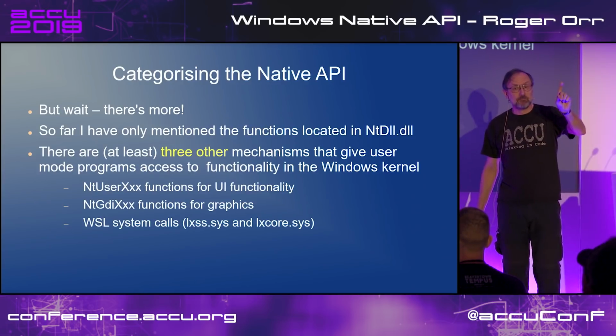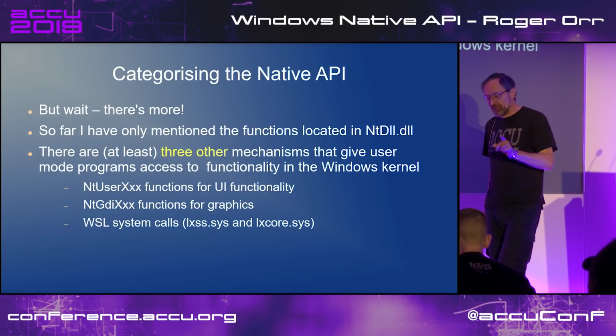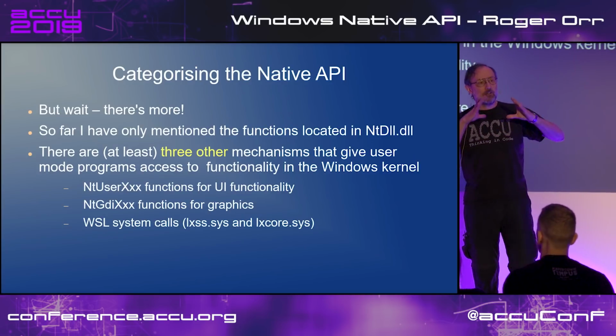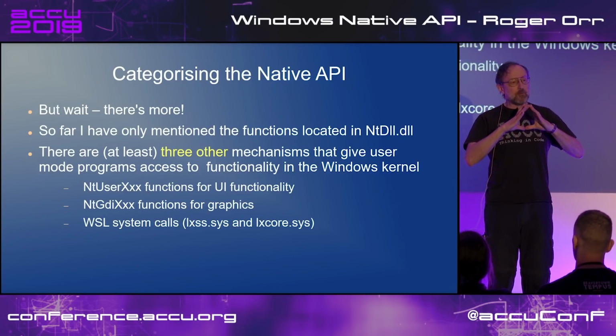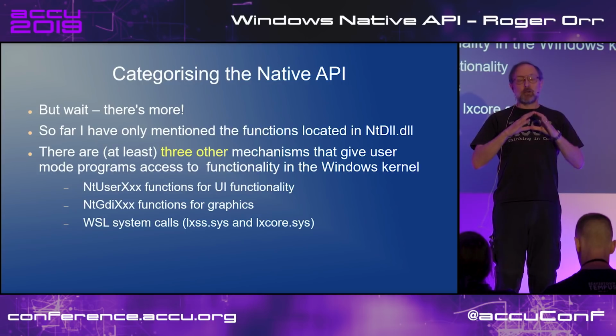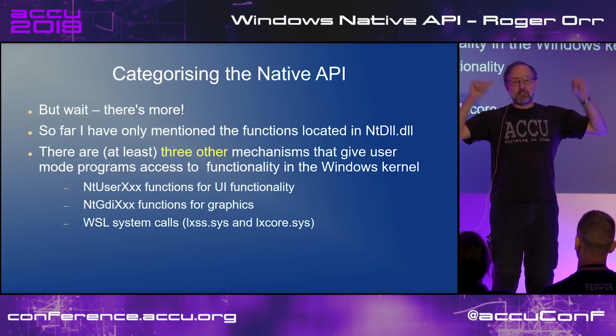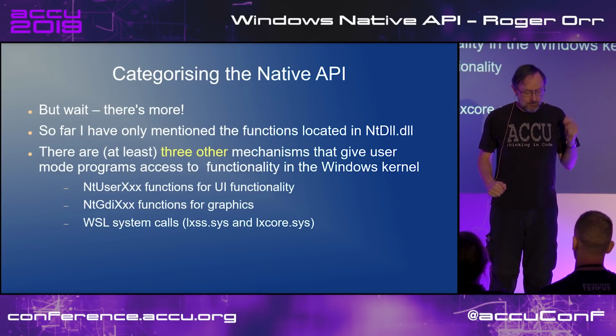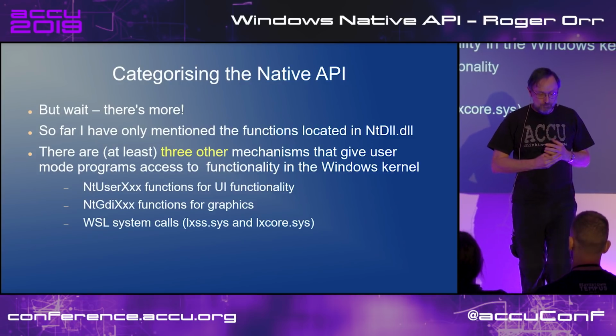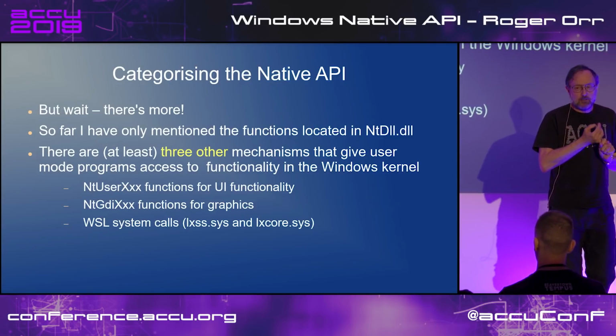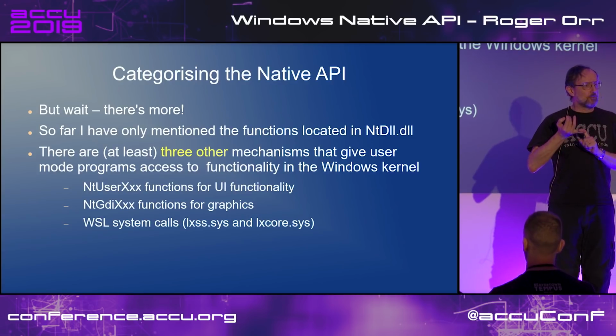But wait, there's more. That's just the bit of access to the native API that is provided by NTDLL, or what you might call operating system-y sort of things. We've also got several other ways of getting into the kernel. One way is, Windows is, after all, called Windows for a reason.